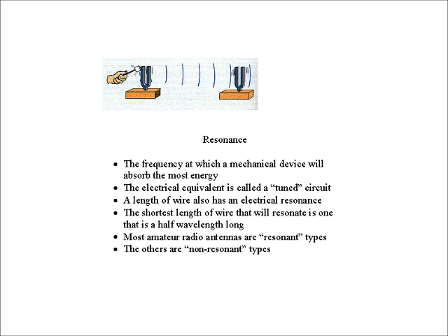So that 10 meter signal, how long will a piece of wire have to be for it to resonate? 5 meters. 5 meters, exactly right. If you do the math, we're going to do that in a few minutes, you'll find out that it's exactly how it works out. A half wavelength antenna is the shortest length of wire. It is resonant.